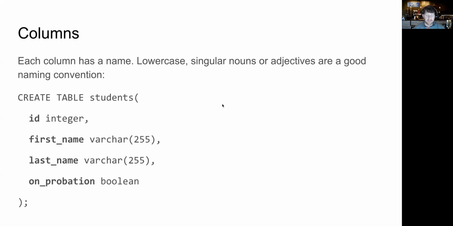If we go to see what that actual query looks like when we're creating a table, we have create table students, we have an ID, which is an integer, first name, varchar, so a varying character, with a max length of 255 characters, a last name column, the data type is a varchar with 255 character length, and then we have an on probation column with a Boolean value.